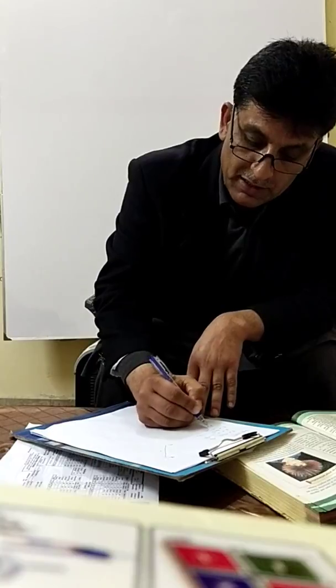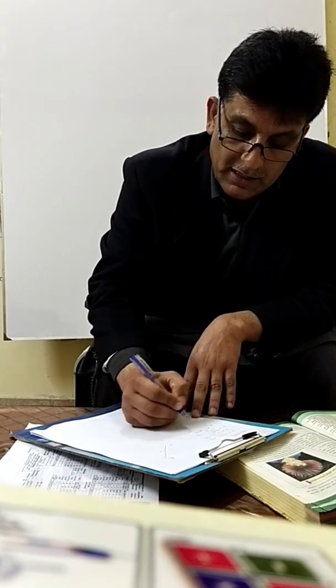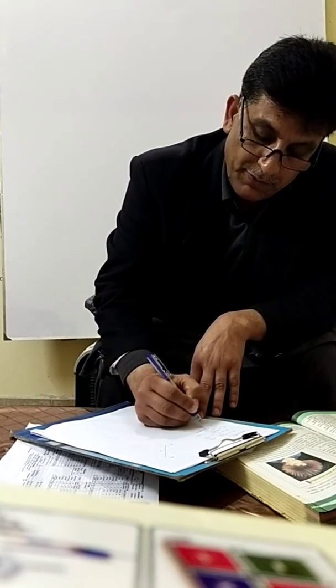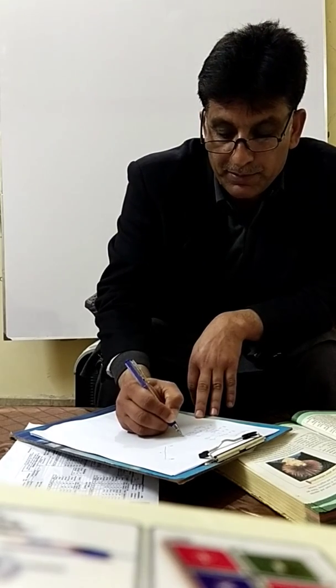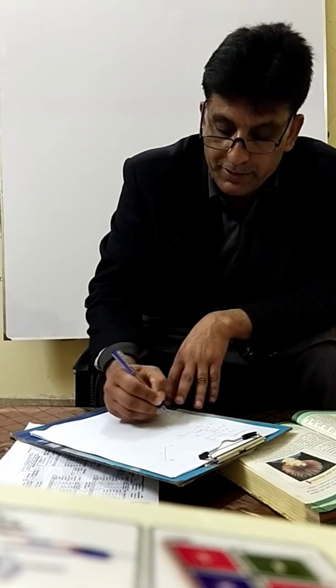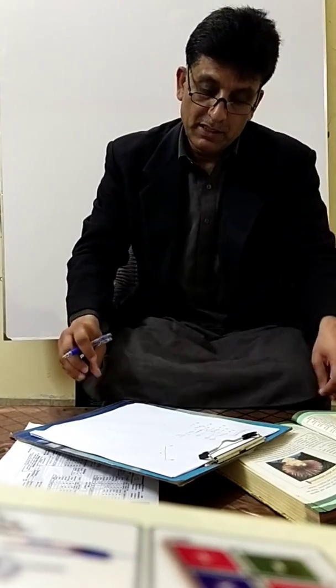If the system of unit is SI system and the medium between the charges is air or vacuum, then value of K is 1 by 4 pi epsilon naught, equal to 9 into 10 raised to power 9 Newton meter square per Coulomb square, where epsilon naught is the permittivity of free space and it is equal to 8.85 into 10 to the minus 12 Coulomb square per Newton meter square.